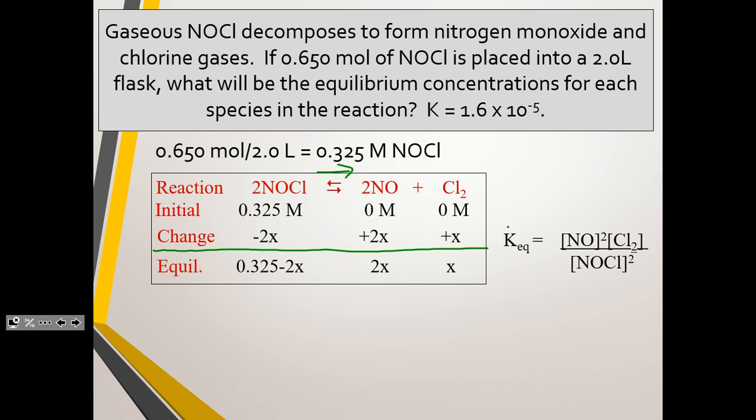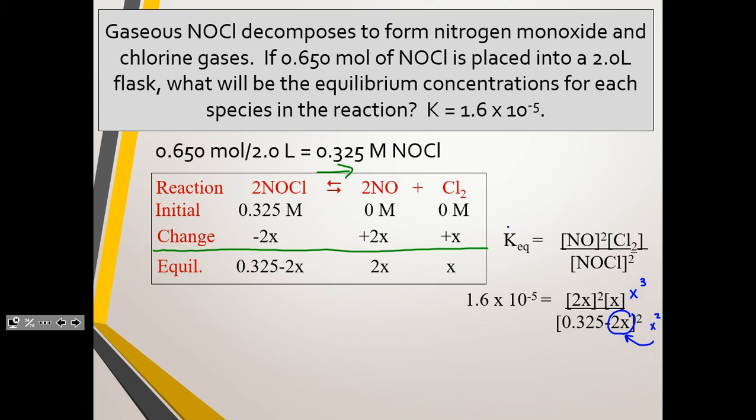My equilibrium expression, I can plug in my values as we did before. And here is where we're going to find ourselves a negligible x. On top, we will have an x cubed term, and on bottom, we will have an x squared term. In this case, if the powers are off, chances are we will have a negligible x here.